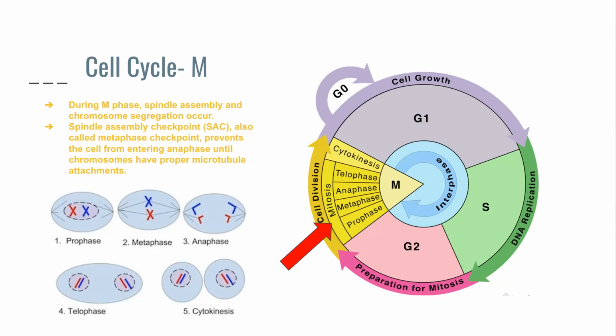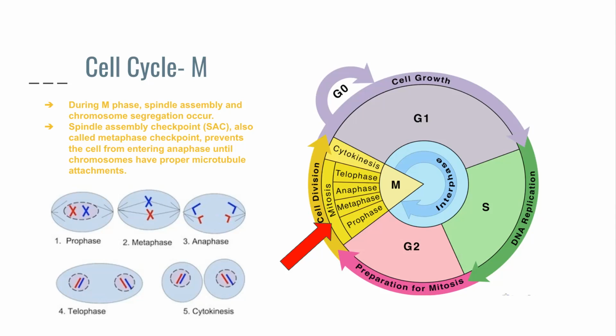The checkpoint that takes place during M phase is called the metaphase checkpoint, and it takes place during metaphase and prevents the cell from entering anaphase until chromosomes have proper microtubule attachment.